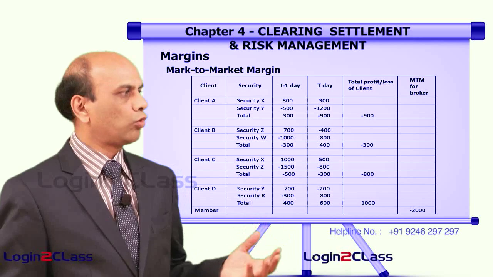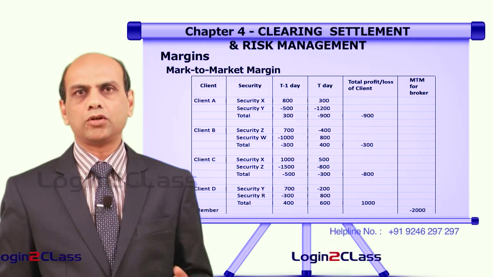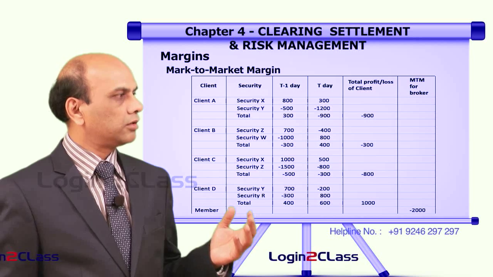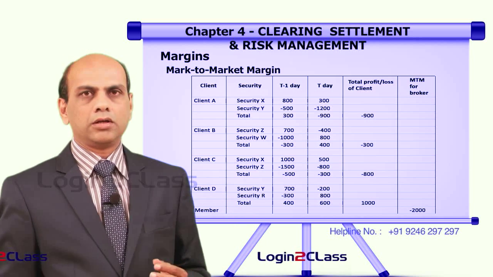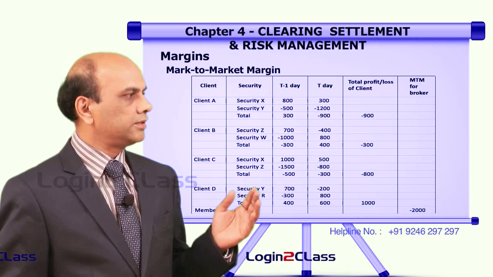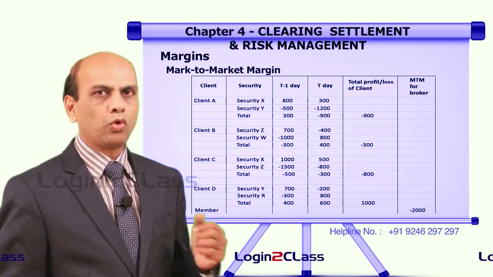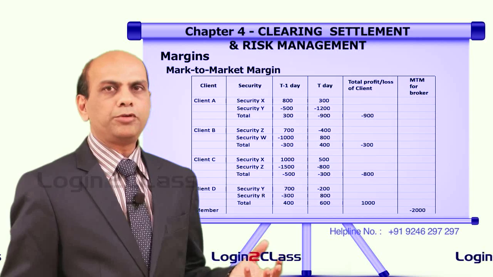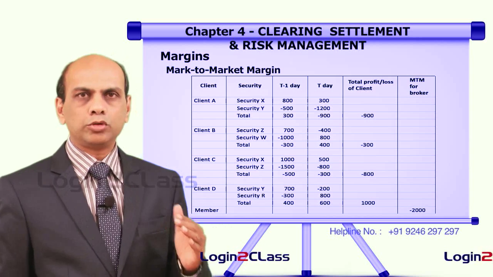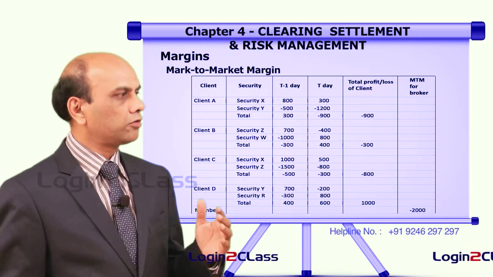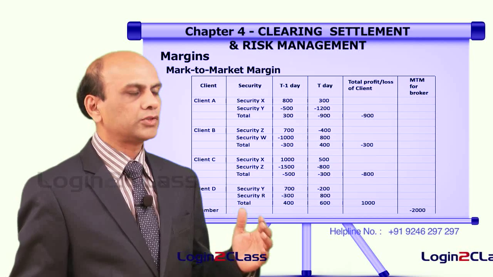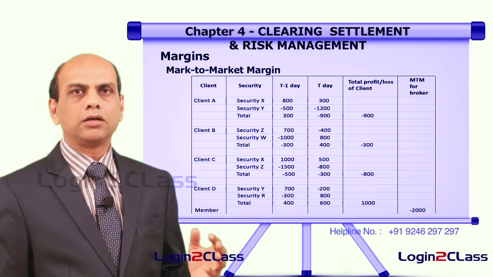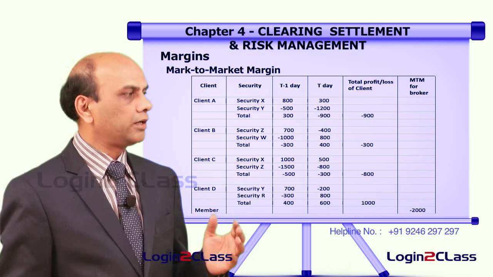Let us see what has happened for various clients of a particular trading member. Now let us take client A. Let us say he has transacted in security X and security Y. On T minus 1 day, the MTM profit, that is the position, is in a profit of 800 rupees for security X, and for security Y he has a loss of minus 500.